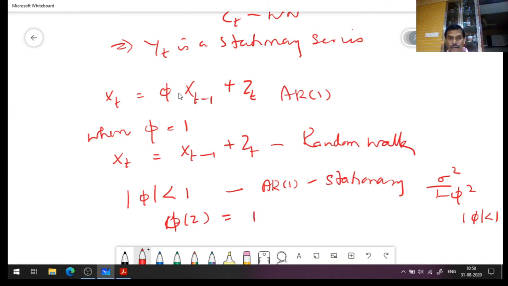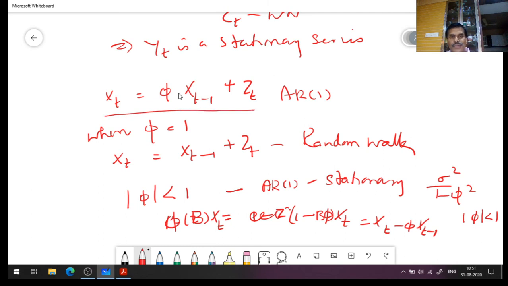You may wonder where this is coming from, so I'll just write it like this: phi of B times xt is equal to 1 minus phi B times xt. This is nothing but xt minus phi xt minus 1. So your process is this, and this is the polynomial that you get from this equation.